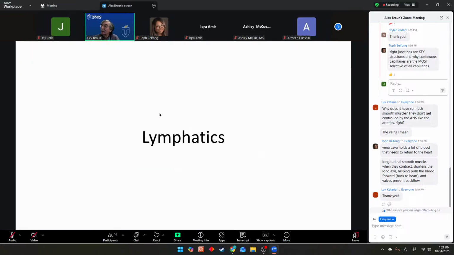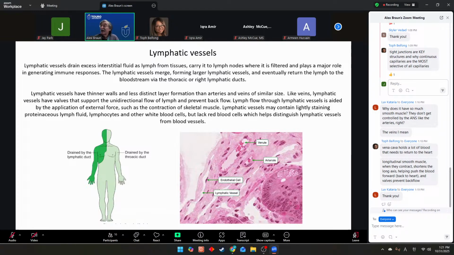Let's talk about lymphatics. The last blood vessel we're concerned about is lymphatics. Now, there are two circulatory systems in the body, actually. There's the blood circulatory system, which we've been talking about, but when blood flows to tissues and fluid exits into the interstitium of the tissues, the fluid actually is flowing through the interstitium, it's not stagnant.